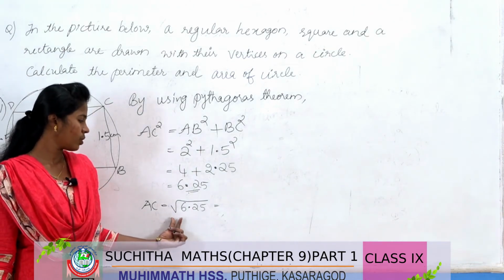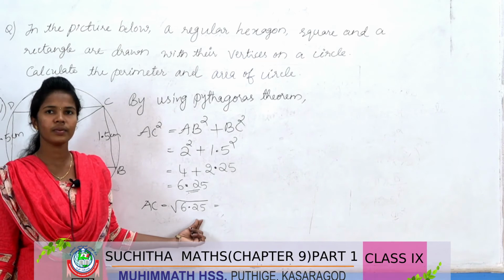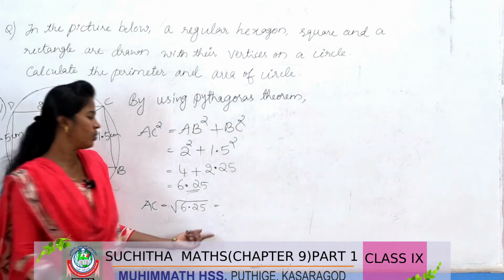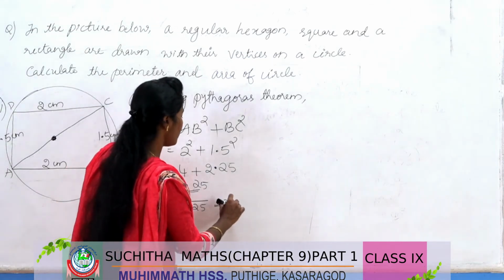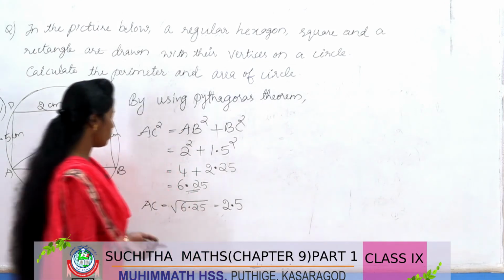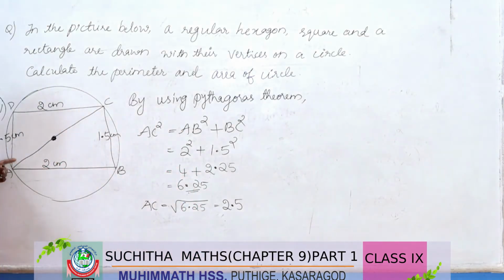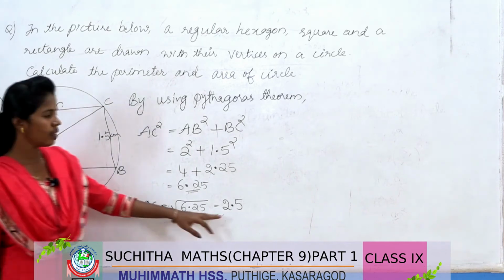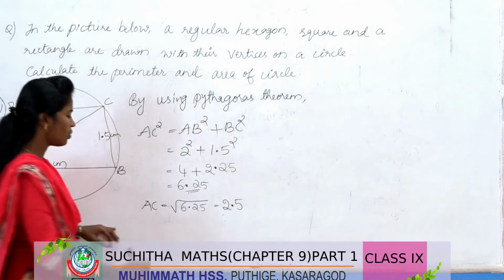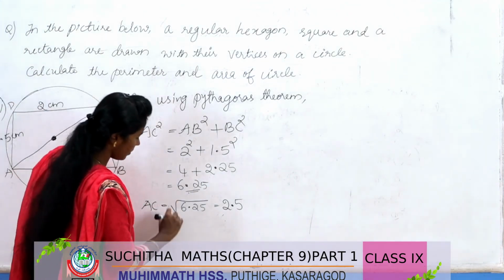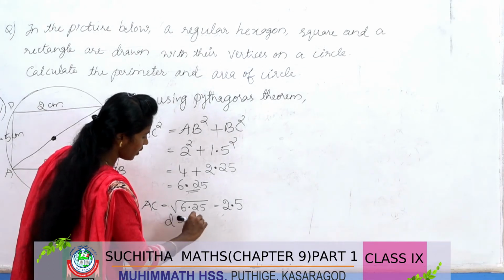Then what about square root of 6.25? That is 2.5. 2.5 into 2.5 is 6.25. Therefore the length of AC is 2.5. That is diameter is 2.5. Diameter D equal to 2.5.